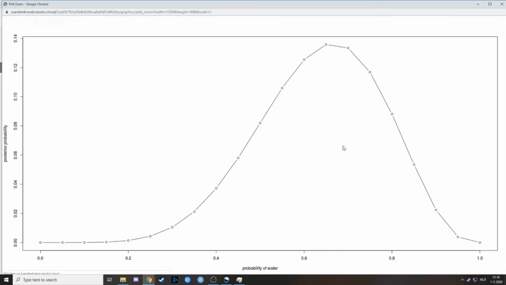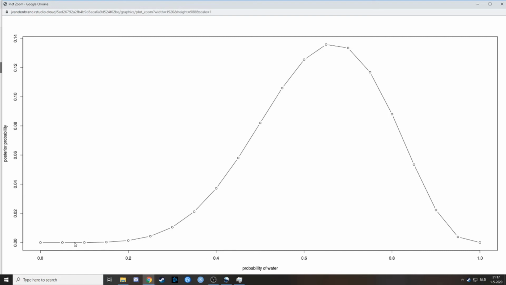Let's zoom in a little bit, of the posterior probability of water by the prior probabilities of water. We said beforehand that we believe that the Earth having no water was equally likely as the Earth being completely covered in water, so basically 0% or 100% water.